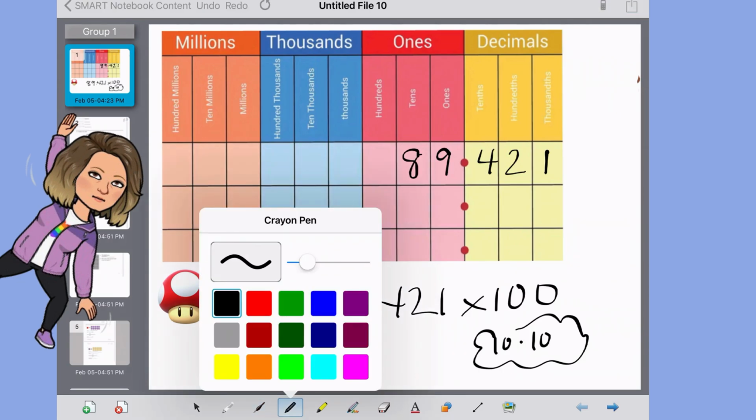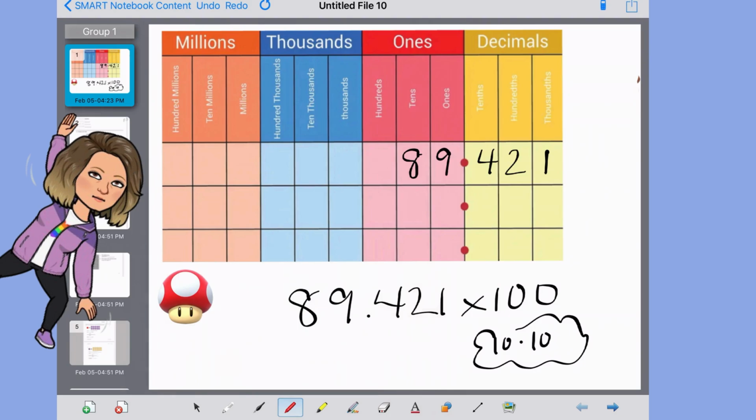So everything is going to go up 2 spots. My 8, 9, 4, 2, my decimal never ever moves. It stays right there. Now that is my new number, 8,942 and 1/10.